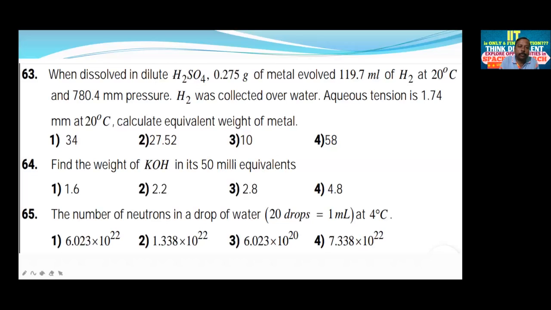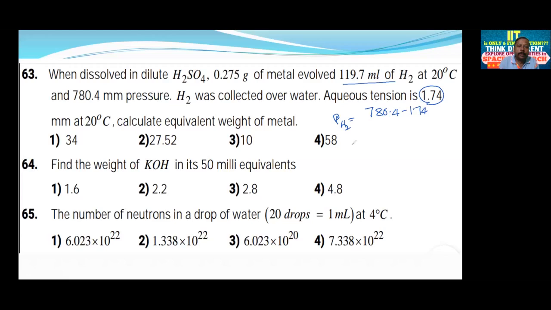Okay, next, when dissolved in dilute H2SO4, 0.275 grams of metal evolved this many ml of H2, hydrogen collected over water. So this pressure will be minus of this: 780.4 minus 1.74 will be the pressure of the hydrogen.